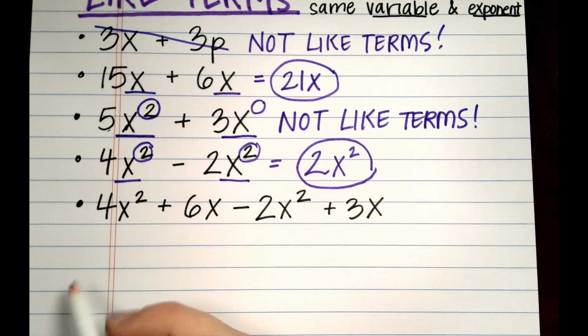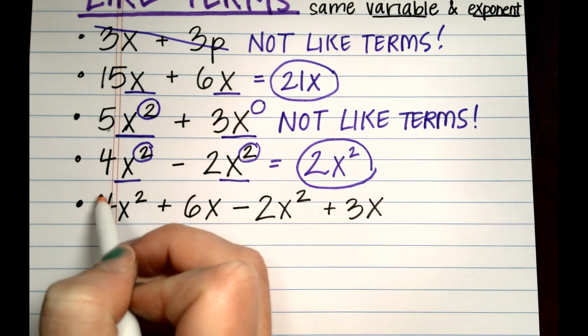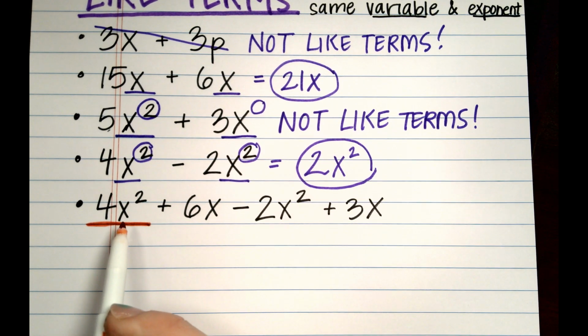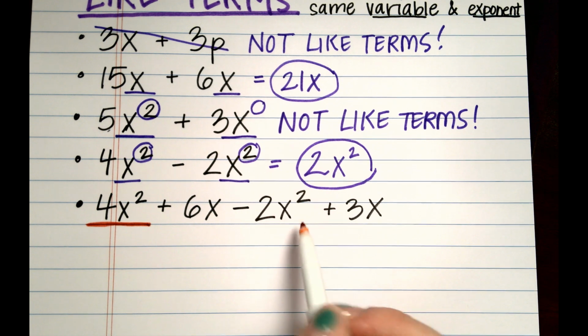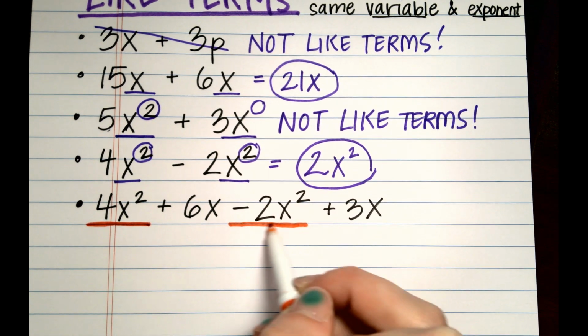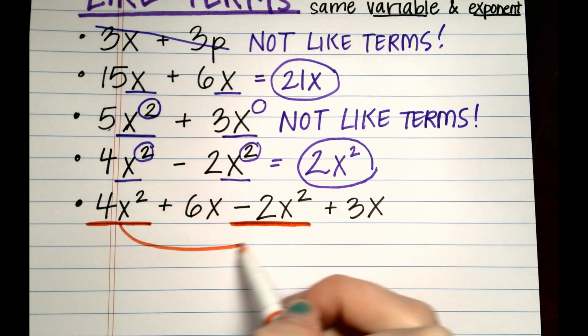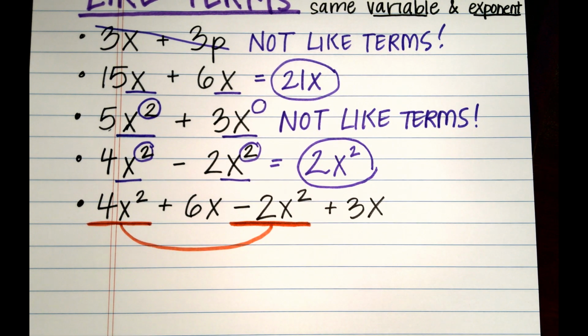Yes. So we have first 4x squared, and my other term with an x squared is the minus 2x squared. I'm going to group those by using the same color to show that these are like terms. I'm going to draw a little line to connect them.